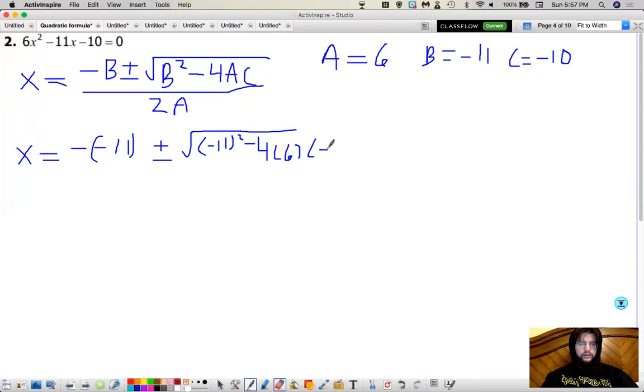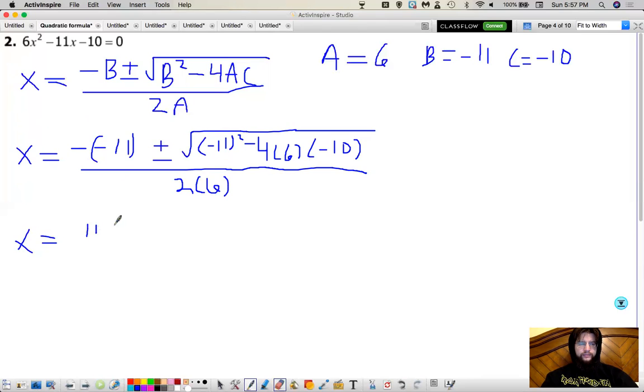Plug in your numbers. All of that is over 2 times A. Make sure you put it over everything, not just a piece. Simplify that. Feel free to use a calculator for that part. 240.